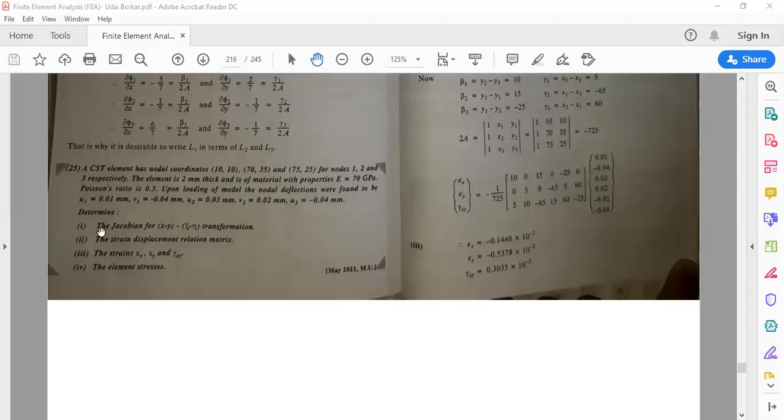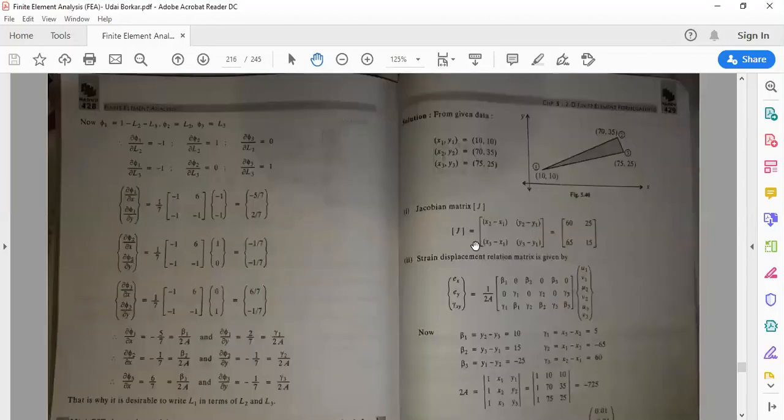So first in this numerical we have to find the Jacobian matrix, that is the transformation between x, y and zeta, eta. See here how we will write that matrix. Here you can see x2 minus x1, y2 minus y1, x3 minus x1, y3 minus y1. So this is the matrix.